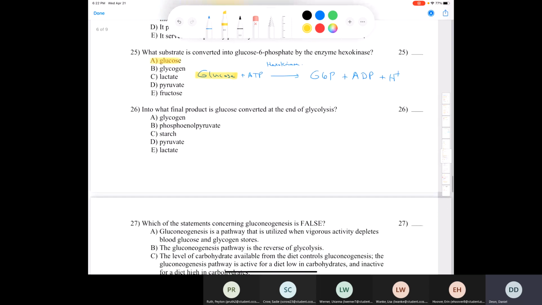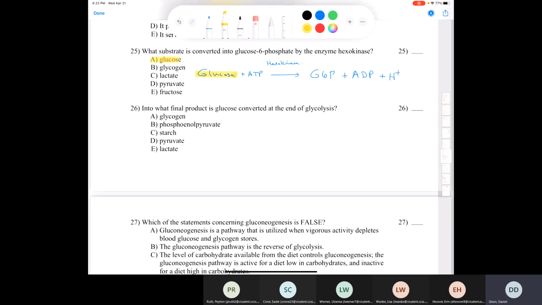Question 26. Into what final product is glucose converted at the end of glycolysis? I'll just throw this out there to my students. Can anybody answer this one? At the end of glycolysis, not the citric acid cycle, what's my glucose converted into at the end of glycolysis? Exactly, right?